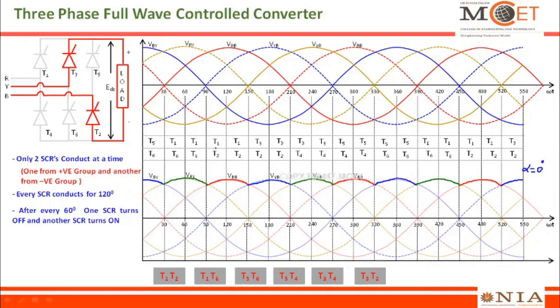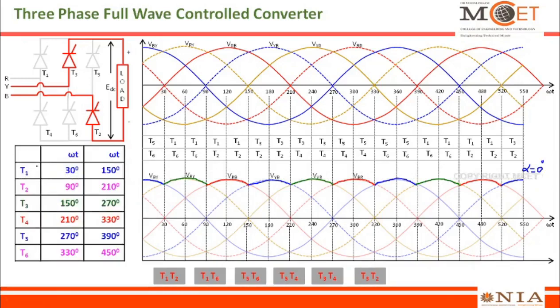Now the conduction period of each thyristor, that is T1, T2, T3, T4, T5 and T6, is put in the form of a table as shown here. T1 starts its conduction at omega t equal to 30 degrees and ends at 150.